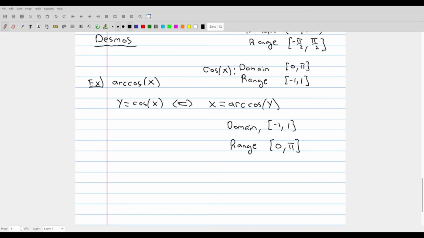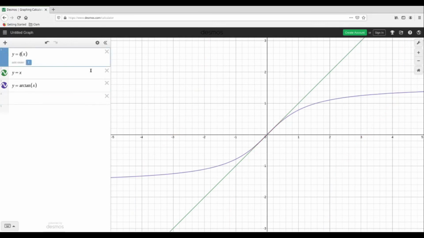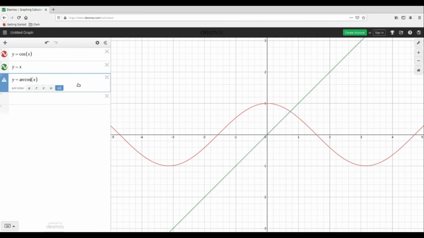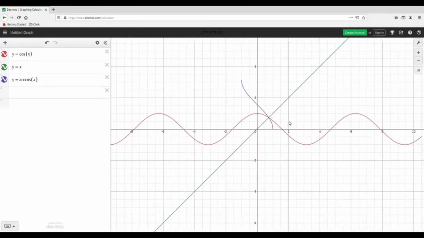And I'll open up the Desmos window again so we can see what this looks like, using our standard method of arguing for the inverse function based on the graph. So we plot out cosine of x here, plot out the line y equals x, and then plot out the function arc cosine of x, and you see very clearly exactly what we were talking about.